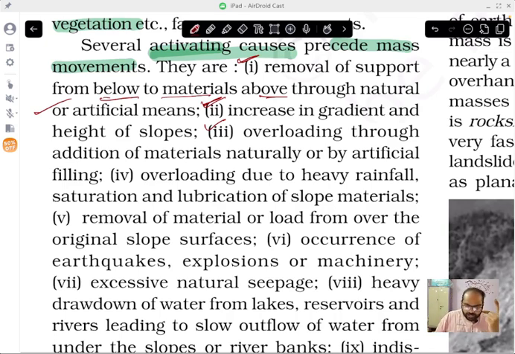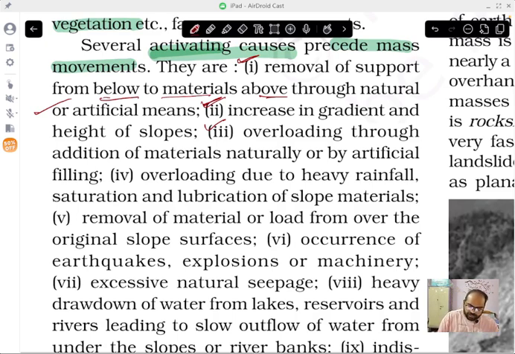Increase in gradient and height of the slopes. The height of the slope is increased due to any natural event, or any crustal movement, or any artificial means. If the slope increases, the material downfalls also increase.